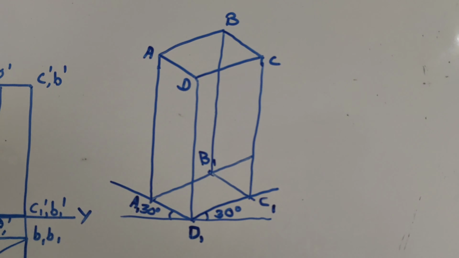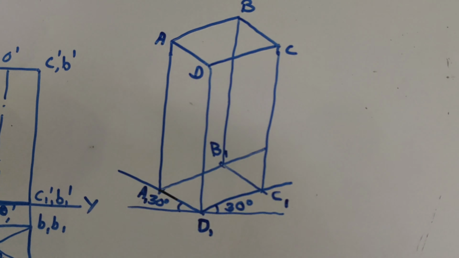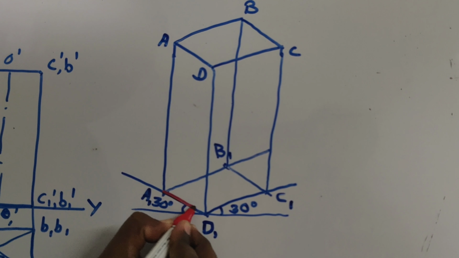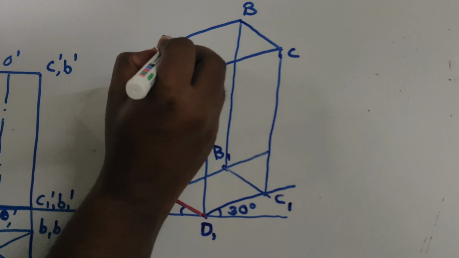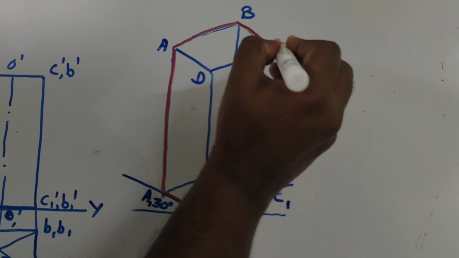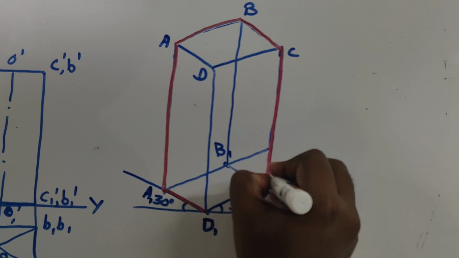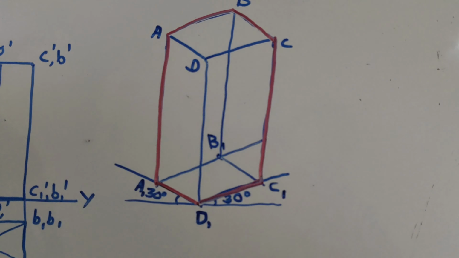It is very, very important. All the outer edges are visible. I am drawing using a red pen. These are the visible parts. Like in the case of solids, all the outer edges are visible.